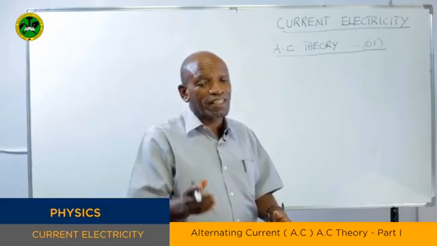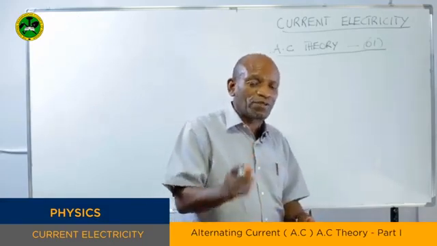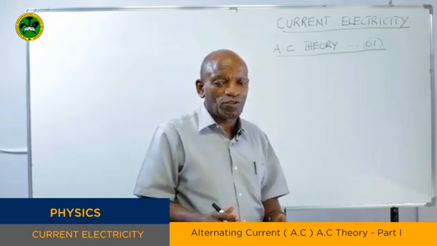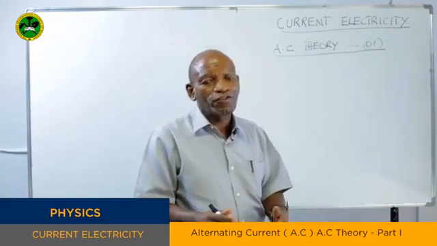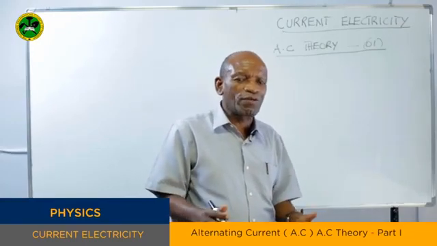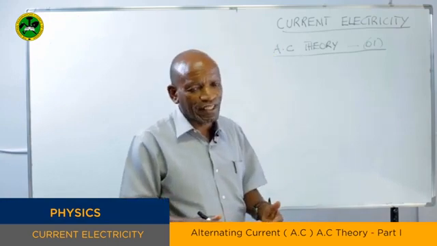To convert a current from a certain voltage to another voltage is possible if that current is AC. So AC is more popular because you can change its voltage from one form to another. That's one advantage of using an alternating current.